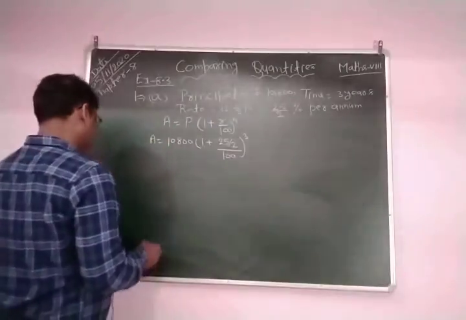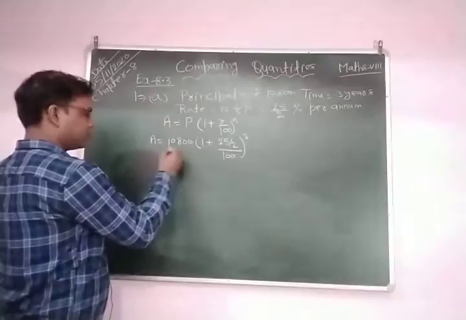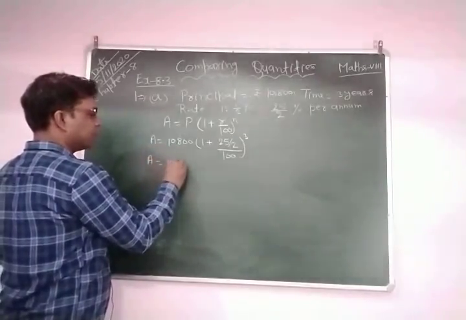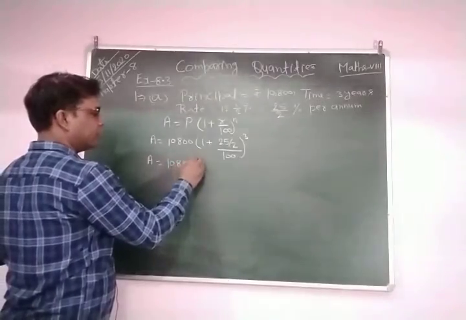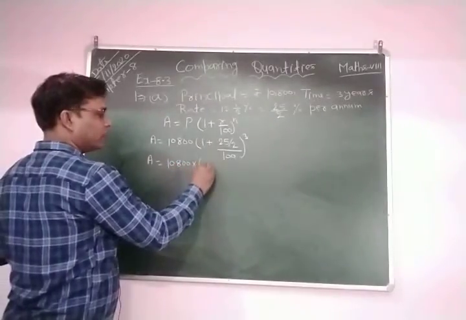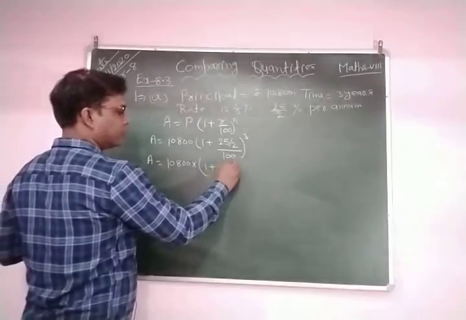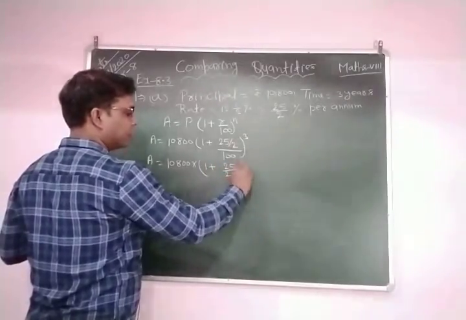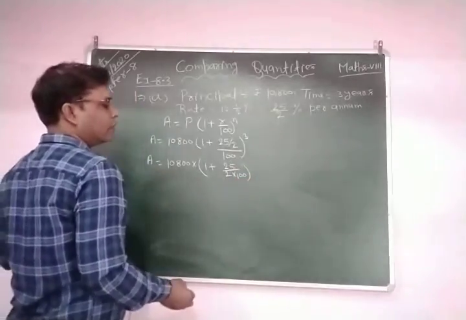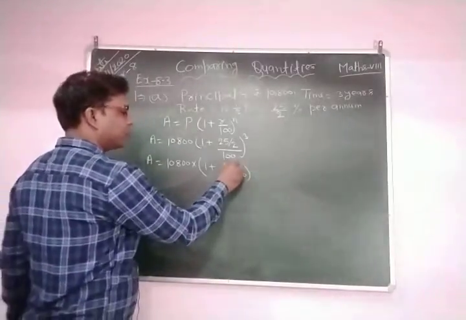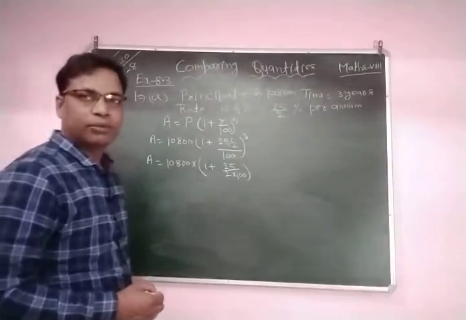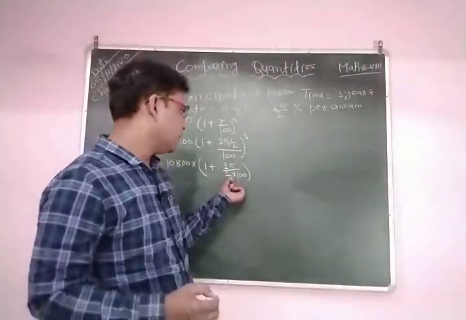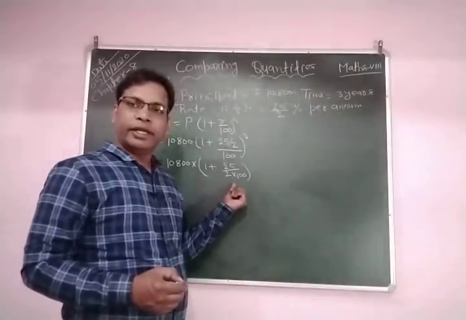Okay, so we can also write it as 10,800 into 1 plus 25 by 2 into 100. Okay, we also cancel it: 25 for the 25, 25 for the 100. So we obtain here 1 upon 8.